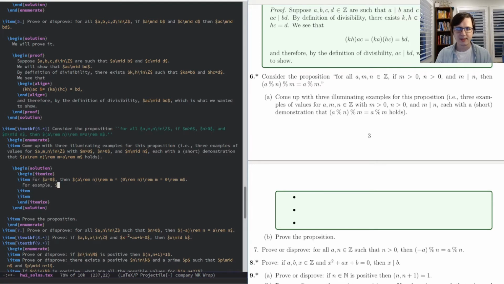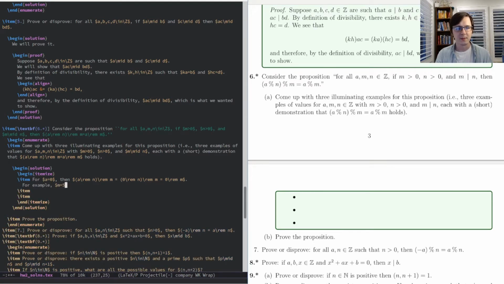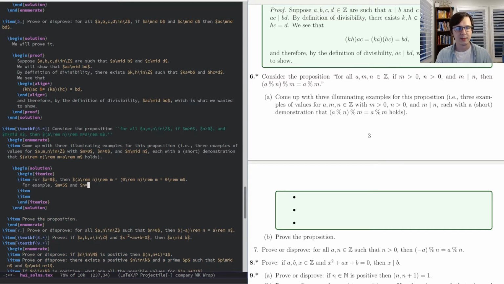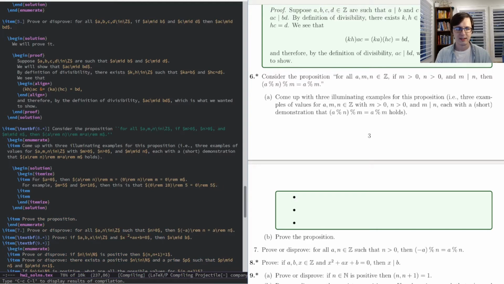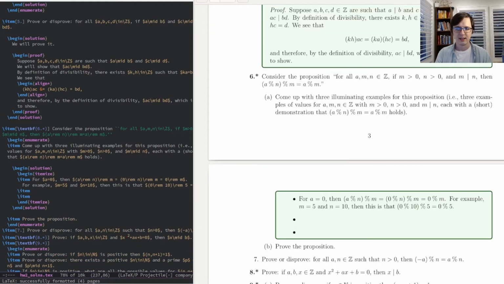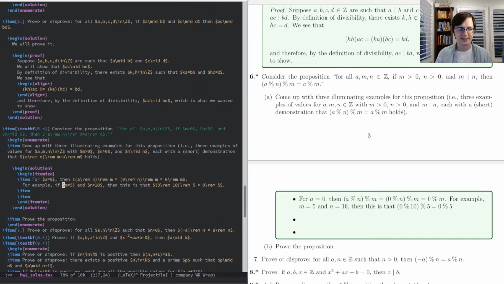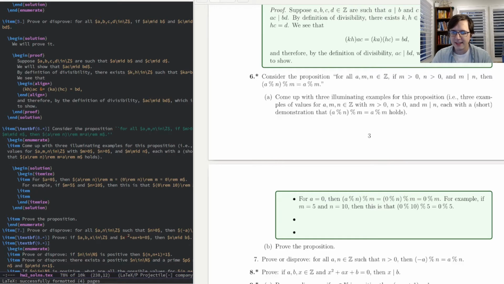For example, when m equals 5 and n equals 10, then this is that 0 remainder 10 remainder 5 is 0 remainder 5. Let's add "if" to make that a sentence. Okay, maybe that counts as illuminating.